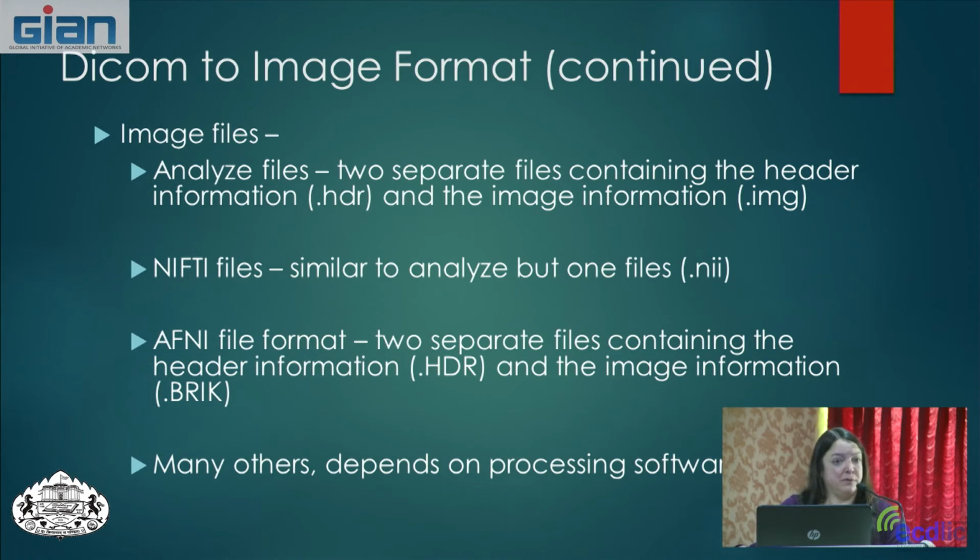The header information file was generally a pretty small file that you could read using your imaging software, and it tells you different things like how the data was collected, the direction that it was collected, the order in which the slices were collected, and the time that it was collected.